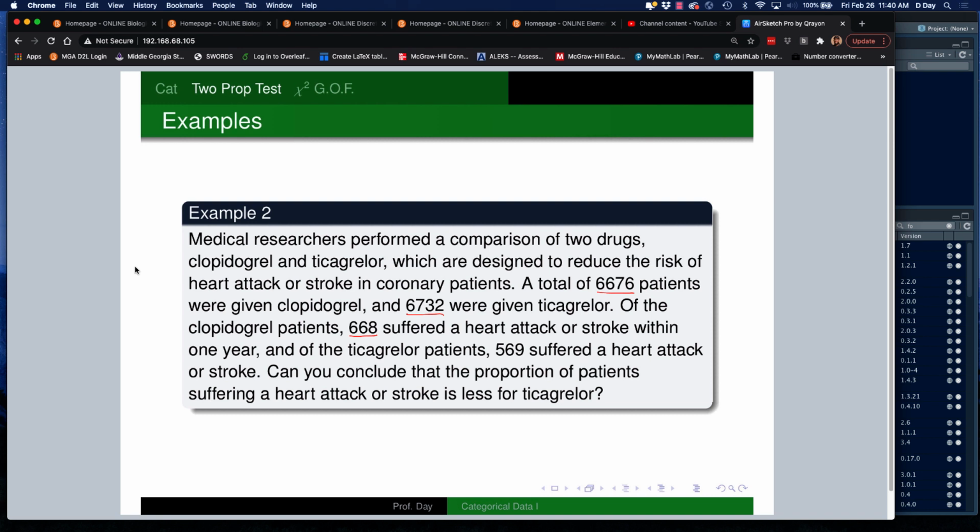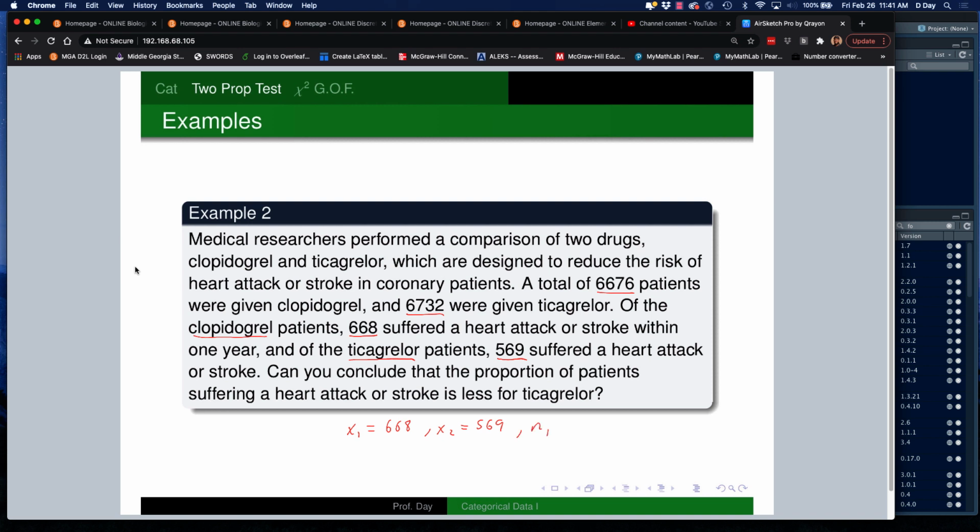And of the folks that took the ticagrelor drug, 569 did, and so there's our X2. So we've got that information. We know X1 equals 668, X2 equals 569, because those are the 2 things we're interested in, the qualifiers. We wanted to know how many people suffered a heart attack after taking these drugs.